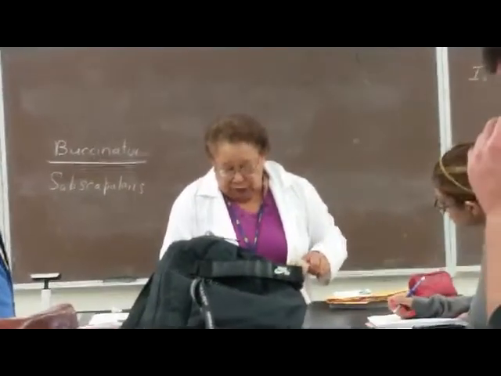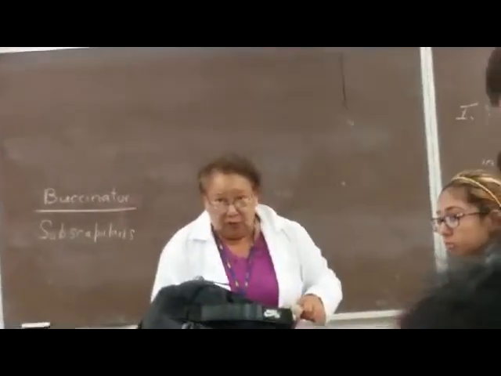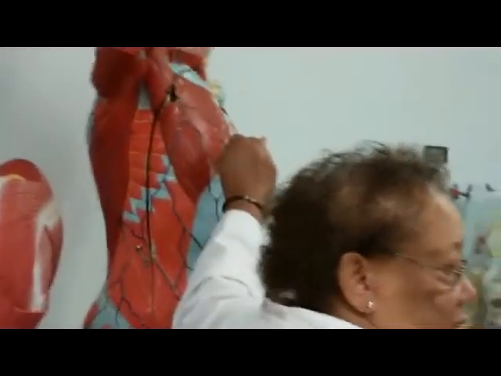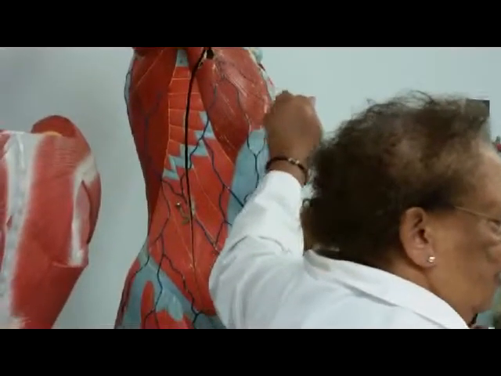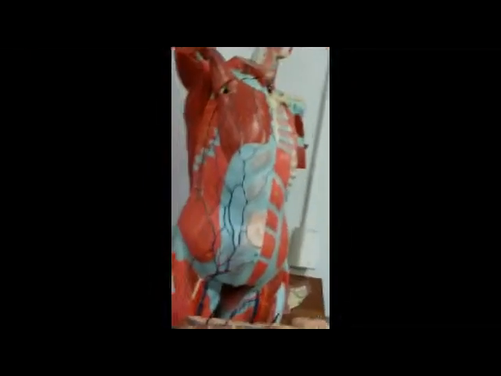So let's review those and see. We still have time before you get your break. It shows you also the rhomboid, the two pieces of rhomboid. Name the muscle. Pectoralis major. Pectoralis major. That's the muscle. I will also show you the parts, the muscles that are there.